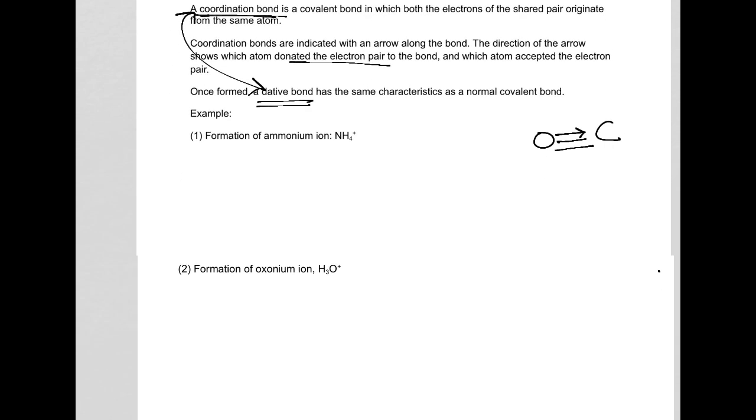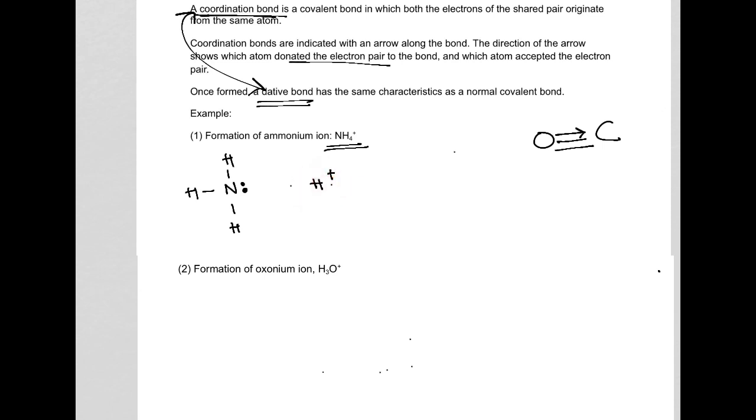So let's see how we form the ammonium ion. This is an example where a coordination bond happens. You have NH3 that is going to bond with H+. H+ is an atom which has lost all its electrons, so it has no electrons and is positively charged.